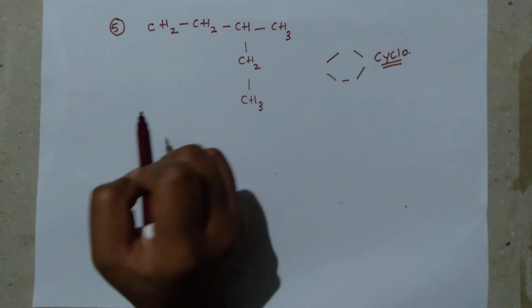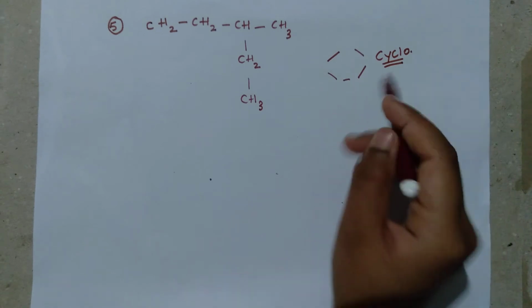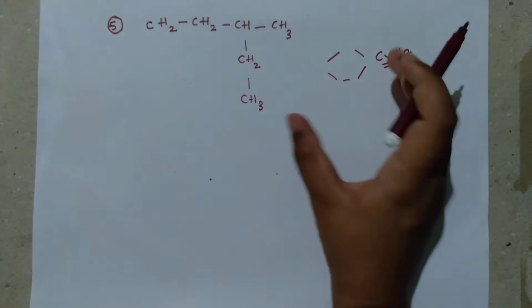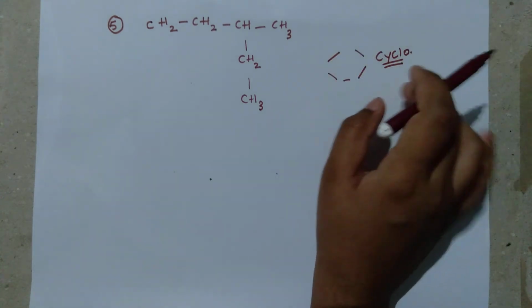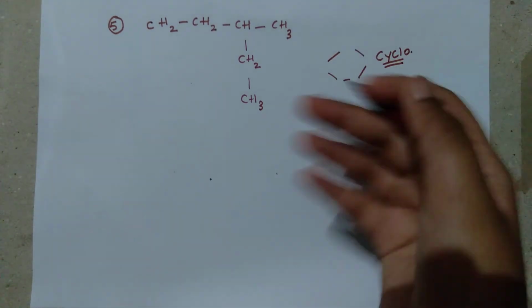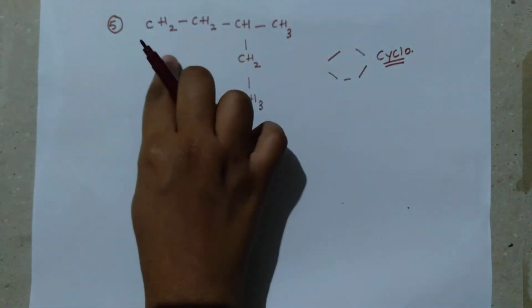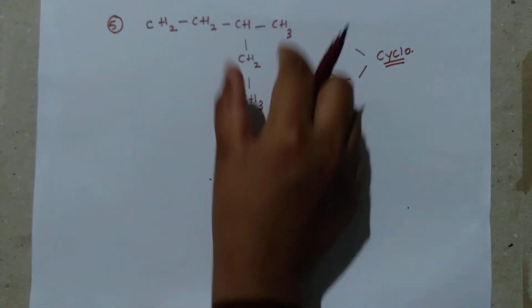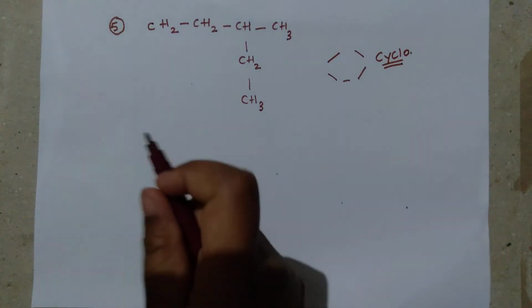First let's understand about it. About this cyclo and more, there are many types of carbon atom structures, how to answer them, and it will be learnt in further classes. So first let us learn how to write the name of the organic compound when substituents are attached.